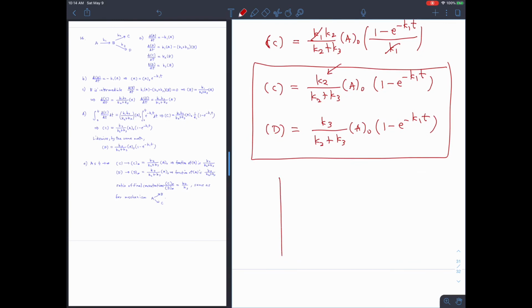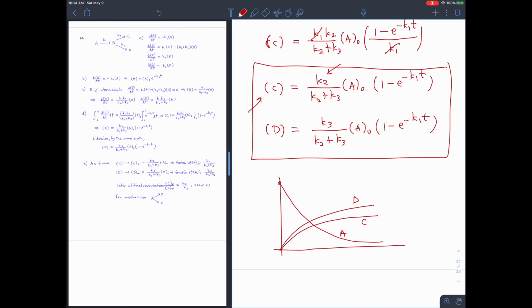Before we go on, since we're going to look at branching ratios in the next step, let's plot that a little bit. First of all, A goes down exponentially like a first order reaction as always, and then C and D rise up. What's happening?